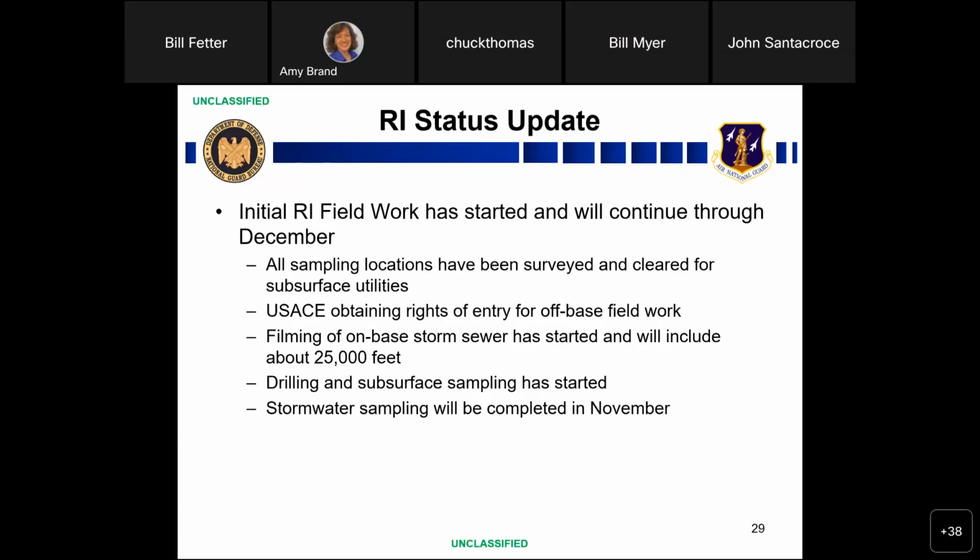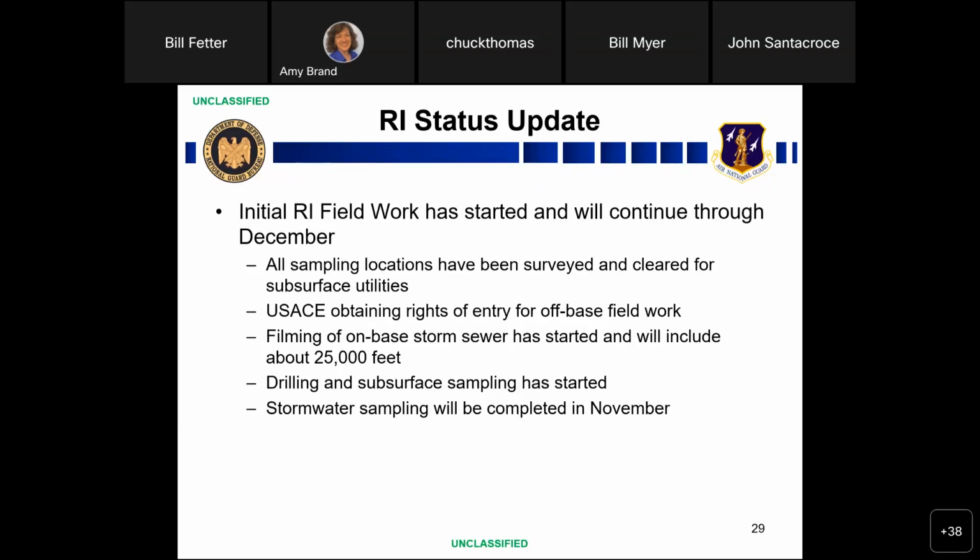We're on schedule, and we still plan to be done with this first mobilization of sampling sometime in December, toward the end of the year. Like Bill said, there will be letters coming around to some of the public where we want to access surface water or sediment locations that require us to pass through their property. So those letters are coming around and should be out there.